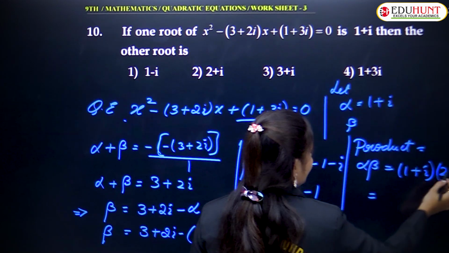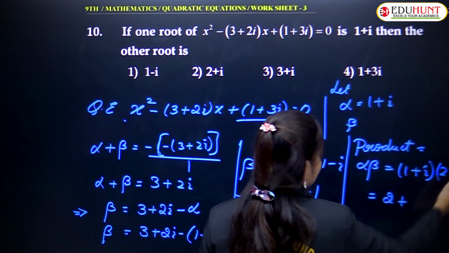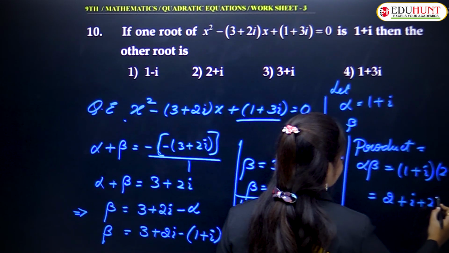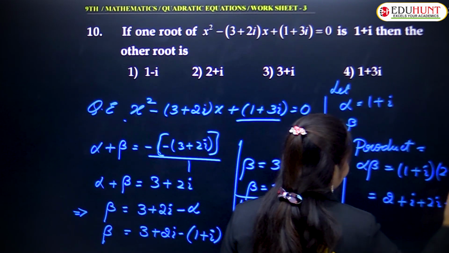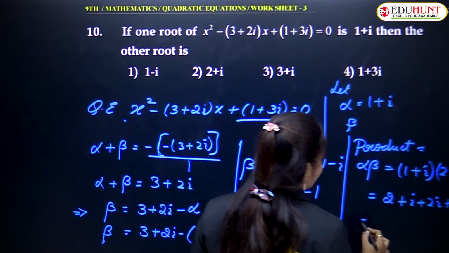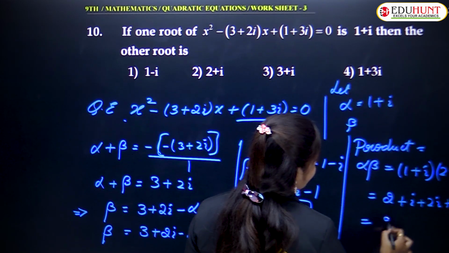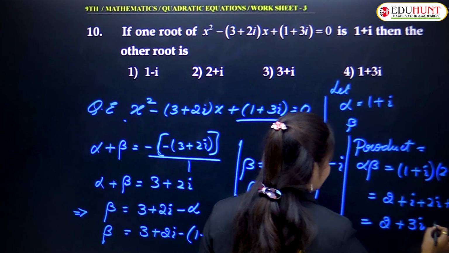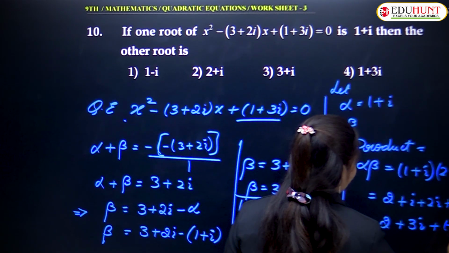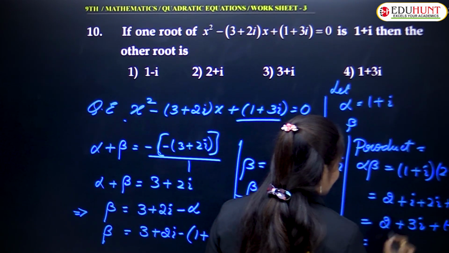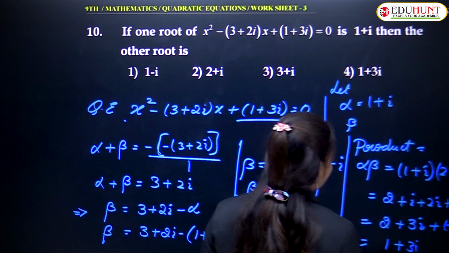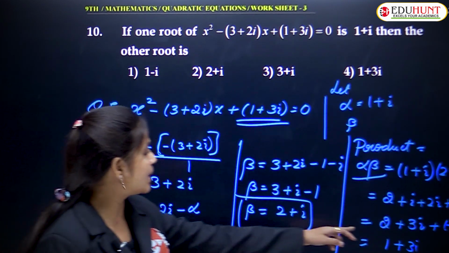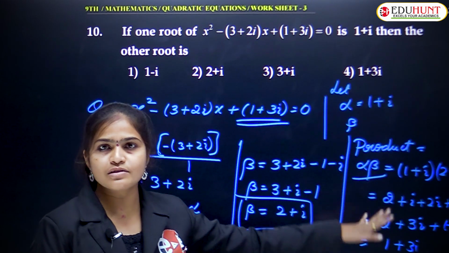So 1 into 2 is 2, plus 1 into i is i, and 2 into i is 2i, plus i into i is i square. So which is equal to 2 plus 2i plus i, which is 3i, plus i square, which is minus 1. So 2 minus 1 is 1 plus 3i. So we got alpha into beta is equal to 1 plus 3i only, no? So that one also satisfies.